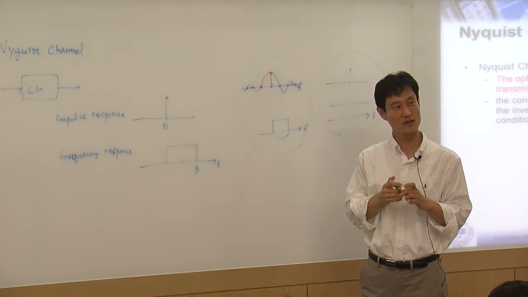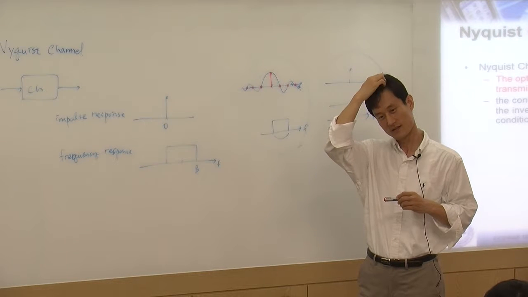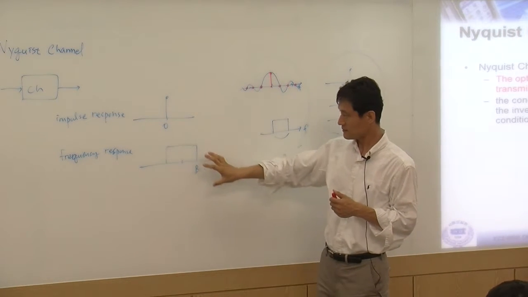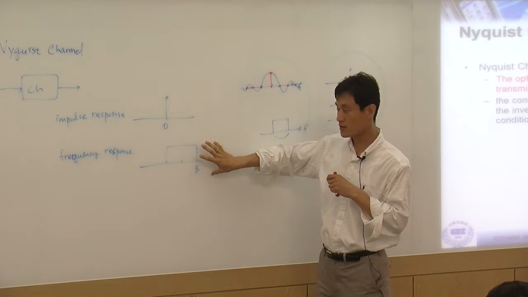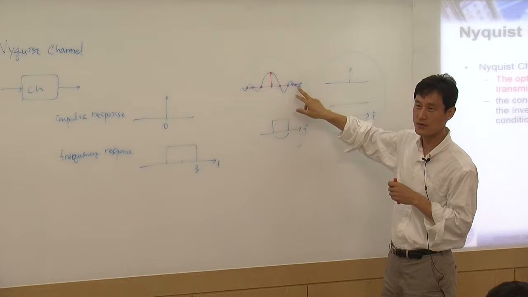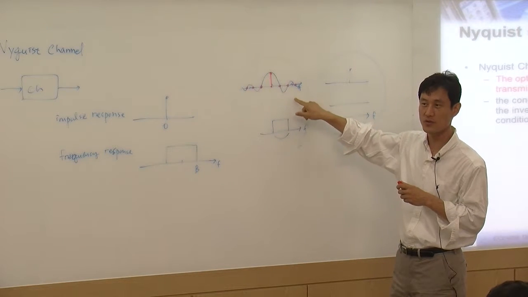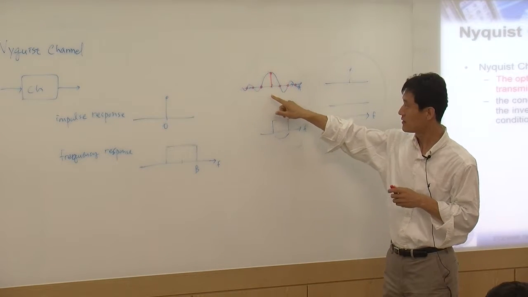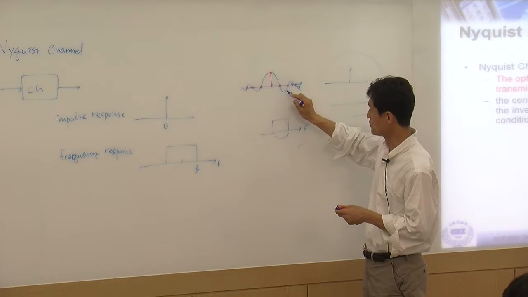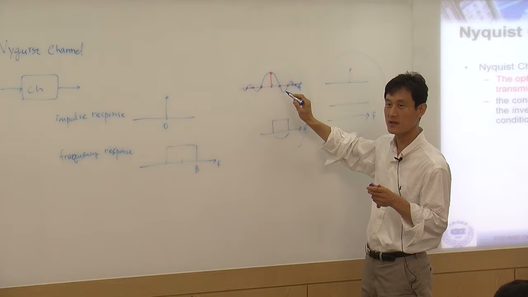That's what I'm trying to say. The only way is that you get this frequency response like this, then you're going to get the blue time domain impulse response in continuous time.